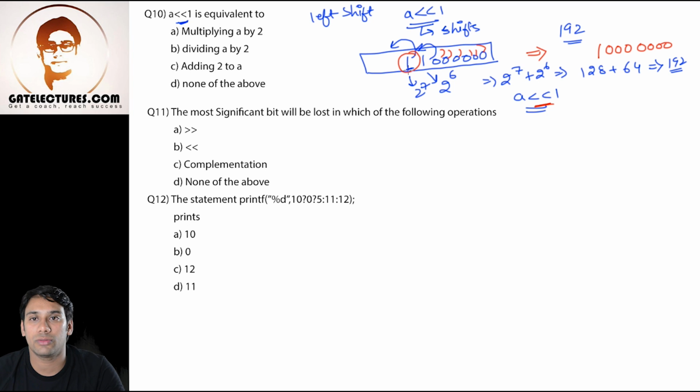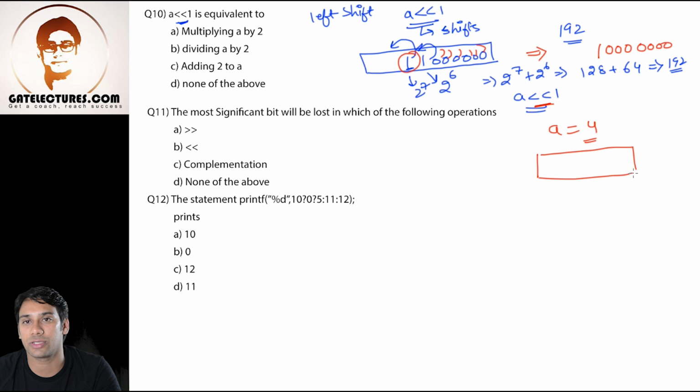Now this is also used for multiplying any variable with a power of 2. How? Let us suppose a is equal to 4. How is this stored in bit format?